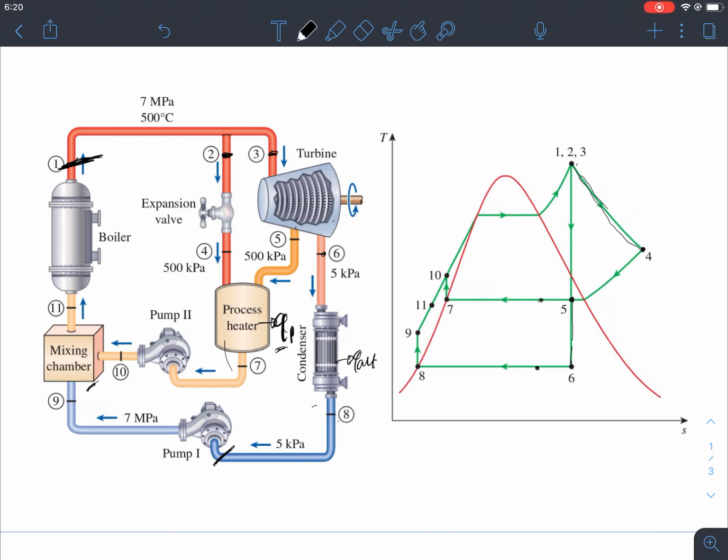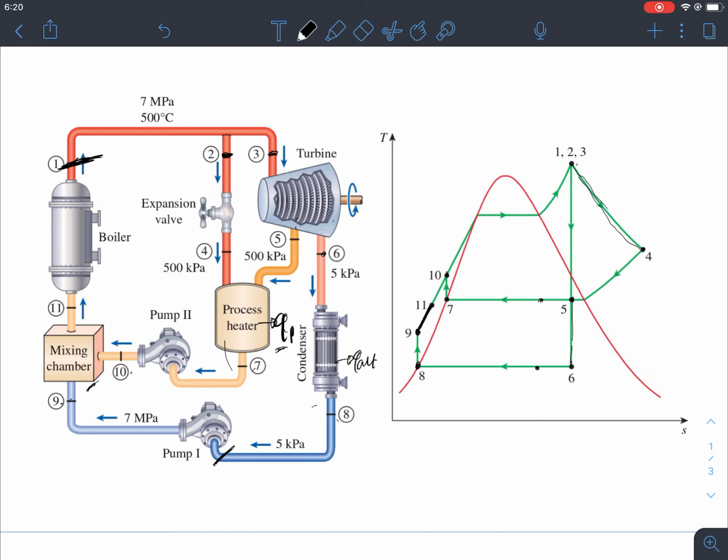So once we do that, then again we are using two different pumps, which are 8 to 9 and 7 to 10. So we see that from 8 to 9 the pressure is increasing and from 7 to 10 the pressure is increasing. And then from 9 to 11 is the mixing chamber, where the mixing is happening right here, okay?